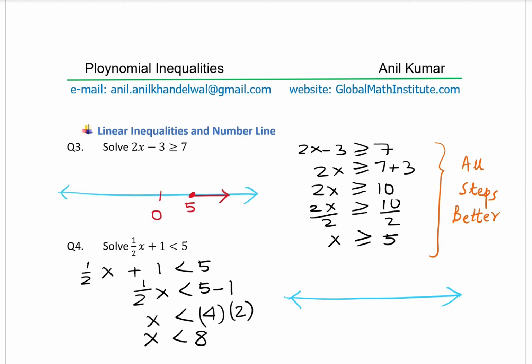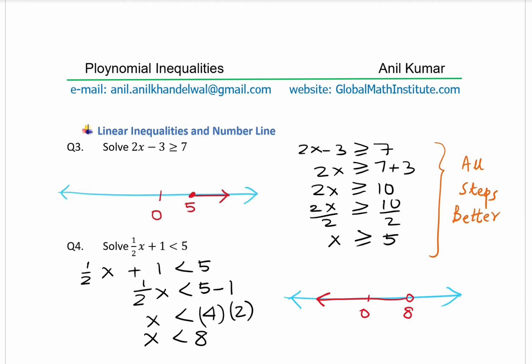Not this, right? So this is not preferred. Okay. Now anyway, it is not wrong. Sometimes you could do it. So x is less than 8. This time we have a 0 and 8 is somewhere there which is not included and the arrow is pointing towards the left side. Is that clear to you? Simple but very important concepts to understand.